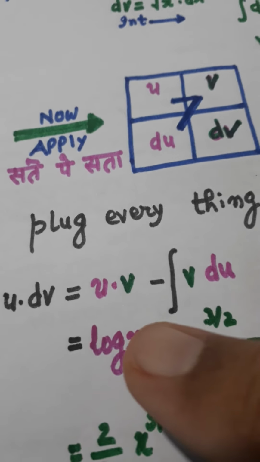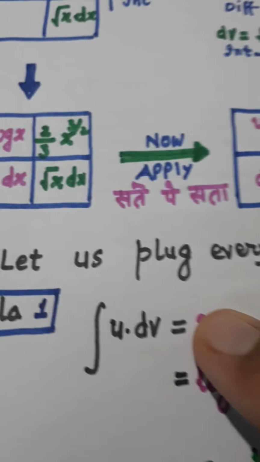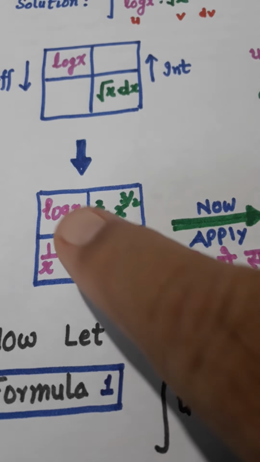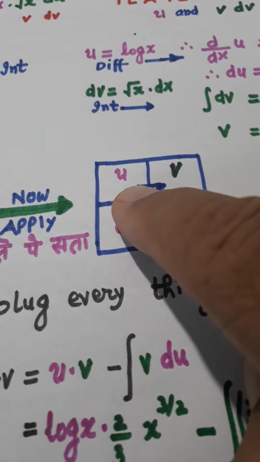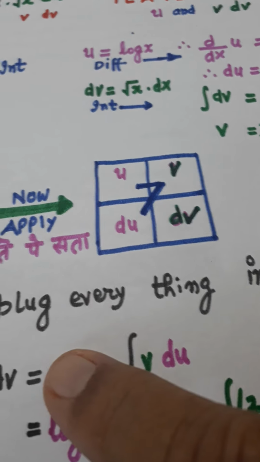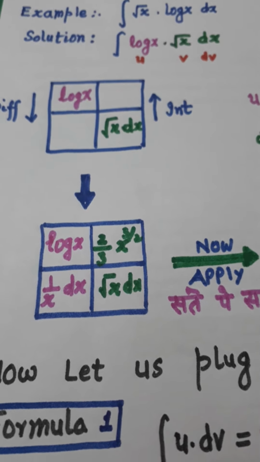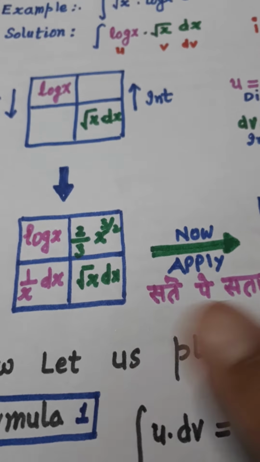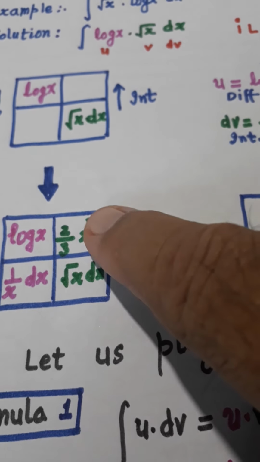U is there, v is there, du is there. Now look here. U is your log x. So as per the arrow, u is here, so it is log x. V we have calculated, it is here.